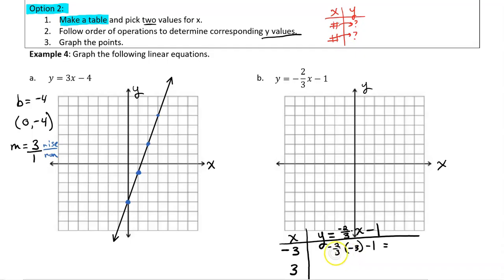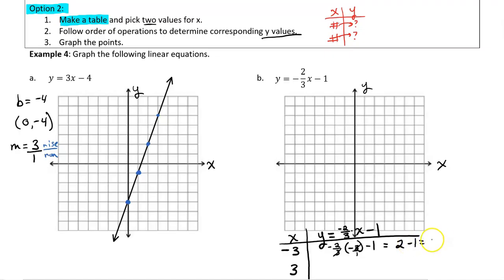Looking at my multiplication first, negative times a negative will be a positive. And then this negative 3 can be written as negative 3 over 1. Okay, so it's positive. The 3 here and the 3 here can reduce down, leaving behind simply a 2.